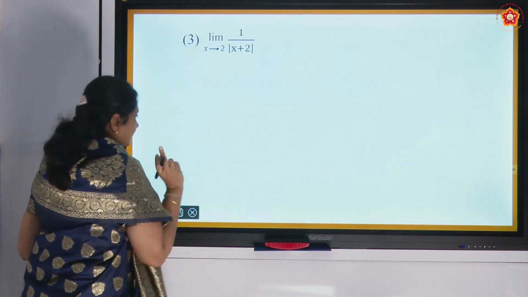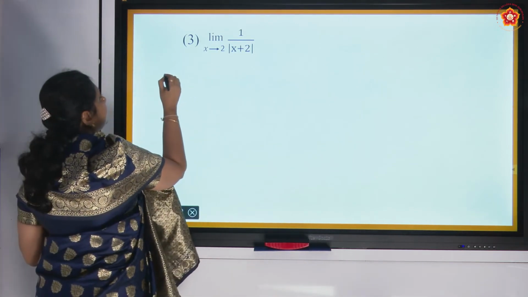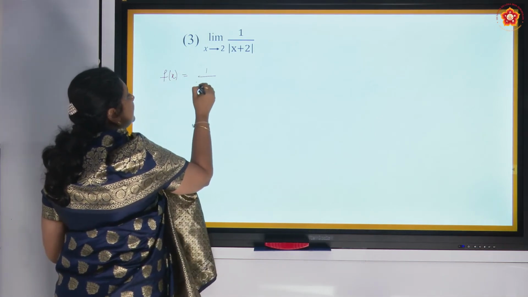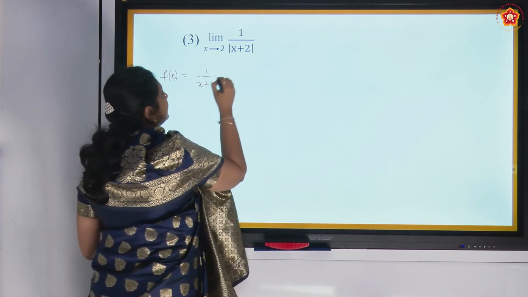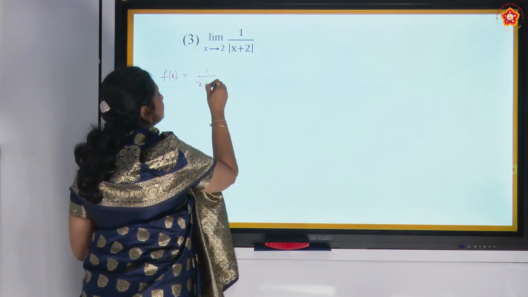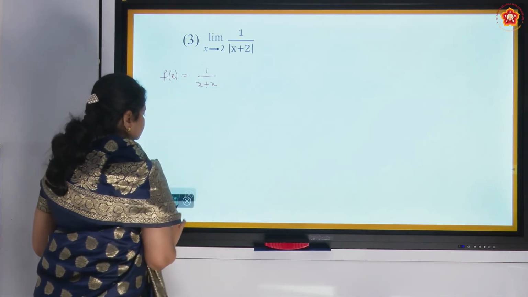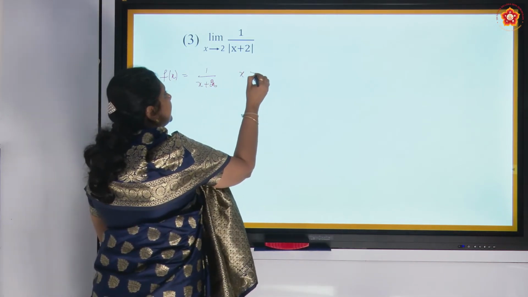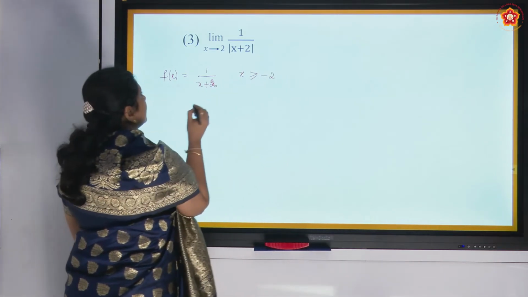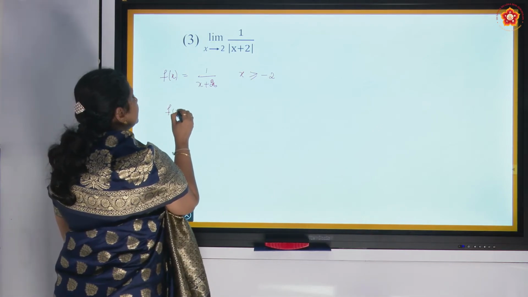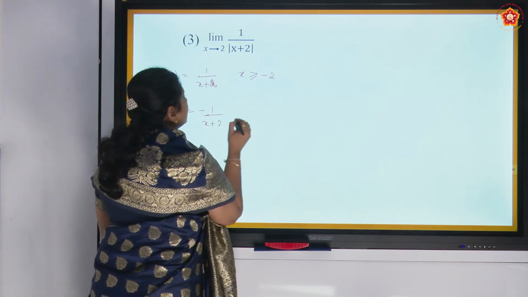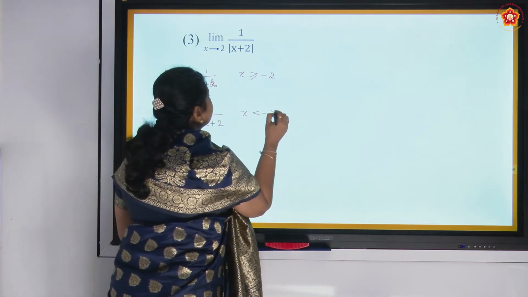Let's quickly erase it and write only the definition now. So f of x is going to be 1 by x plus 2 when x is greater than or equal to minus 2, and f of x is going to be equal to minus of 1 by x plus 2 when x is less than minus 2.